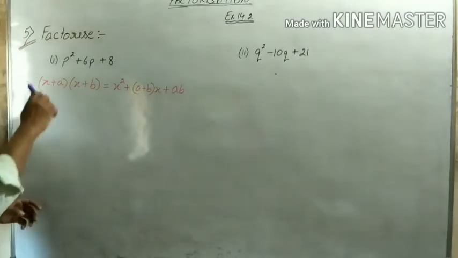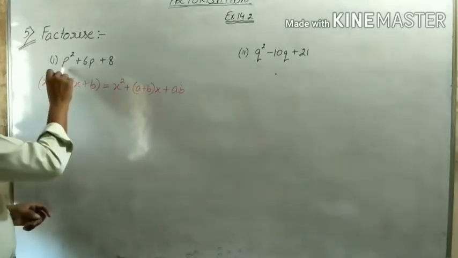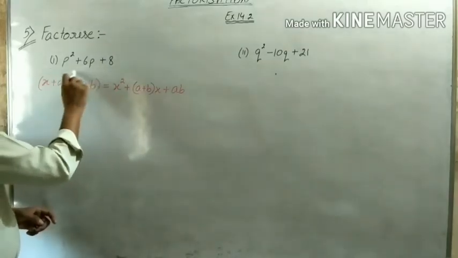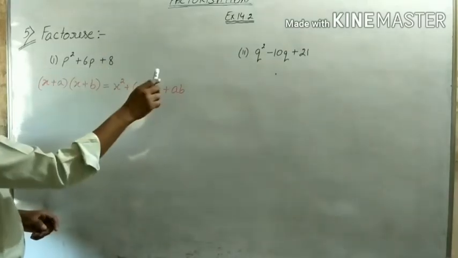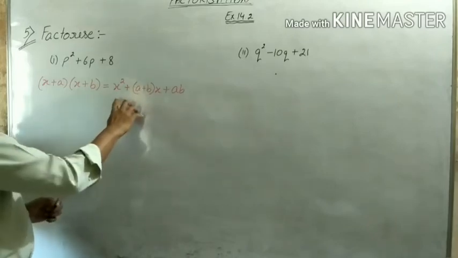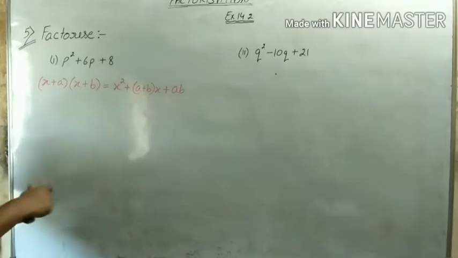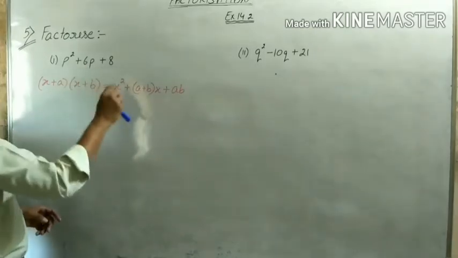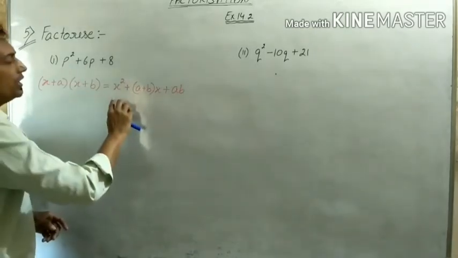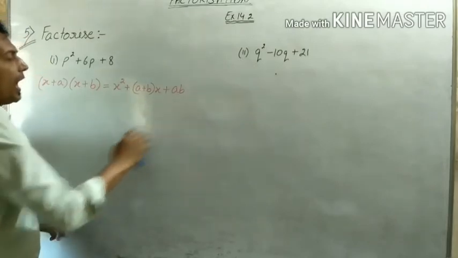Okay, so what we need to do is here, we need to modify this expression in such a way so that it fits into the right hand side of the identity. In short, we need to compare this expression with the right hand side of the identity.